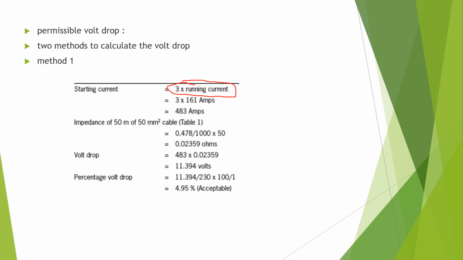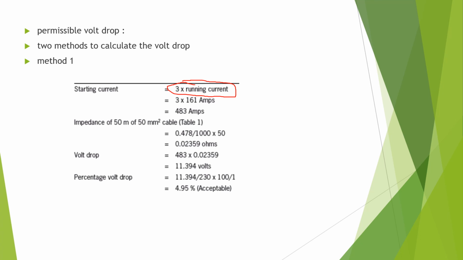And then the impedance for 50 meters, 50 square. If you go to table 1, you'll see the reading is 0.478, divided by 1,000 times 50. That formula gives you 0.02359 ohms. That is the impedance. And then we work out the volt drop.